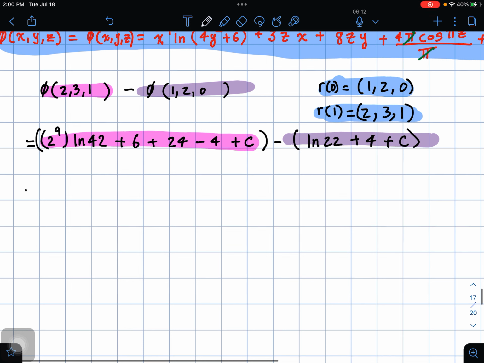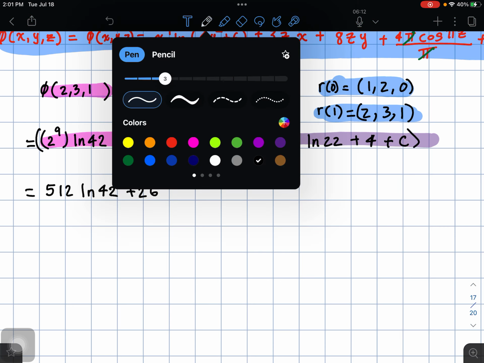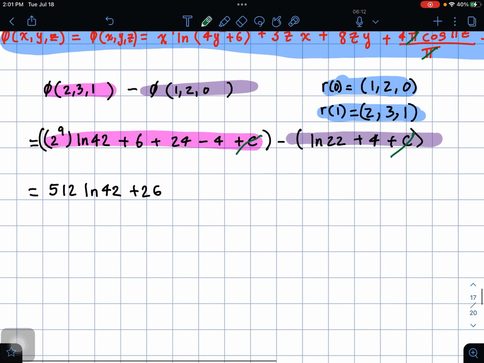Now, what is 2 to the 9? I have no idea. That's 512 ln 42, all these constants is 6 plus 24 minus 4 is 26, plus c. I'm sorry, the c just annoys me. You can just look at it like this: this c is adding, you're subtracting the c, so it just turns to 0. So technically you can just cancel that out.